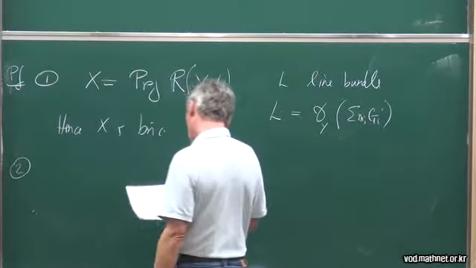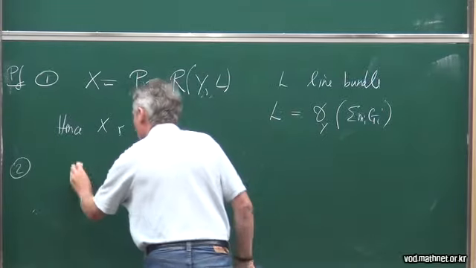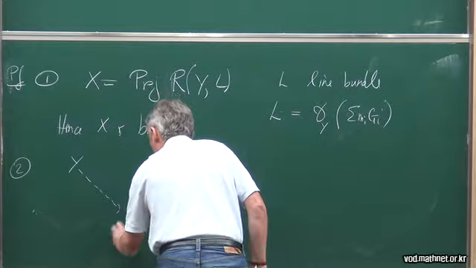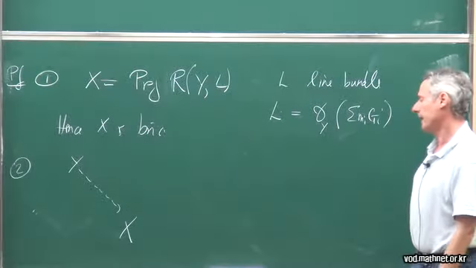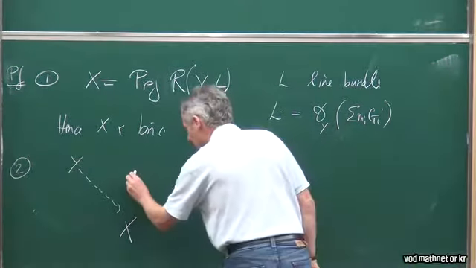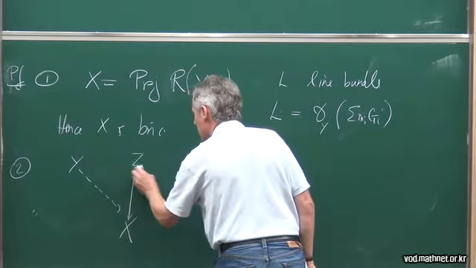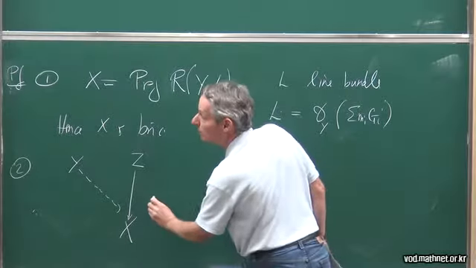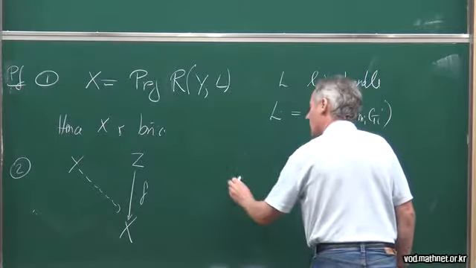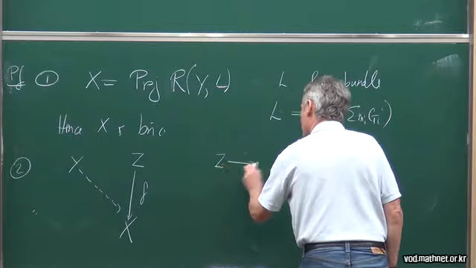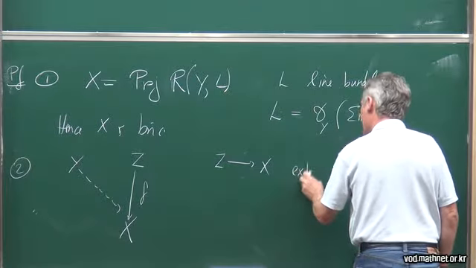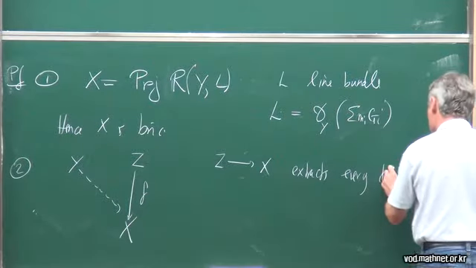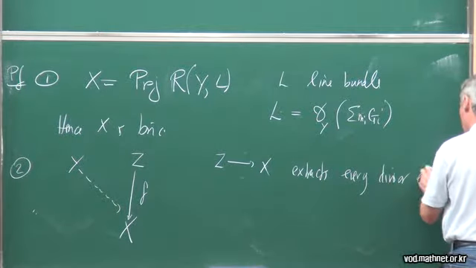Okay, for 2, you make the following observation. So we've got the following picture. We've got Y, and we contract down to X. So the first thing you do is you construct another variety Z, and then with a map, let's say, I don't know, F. So Z to X extracts every divisor extracted by pi.